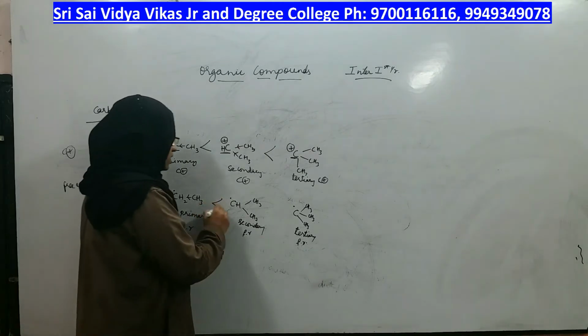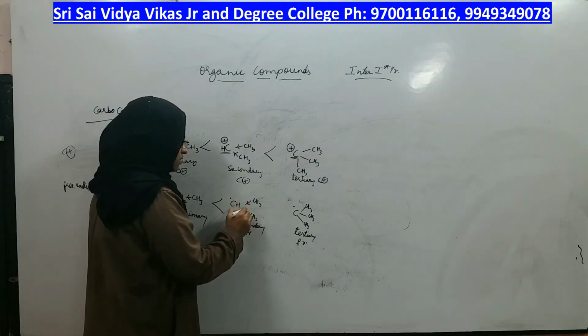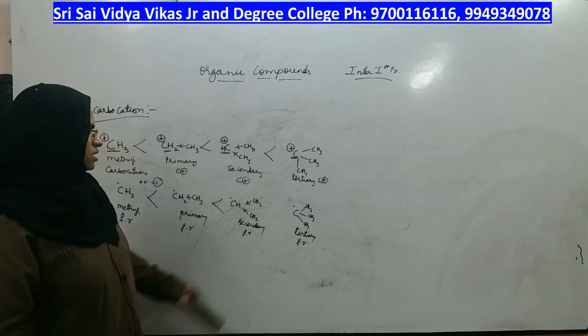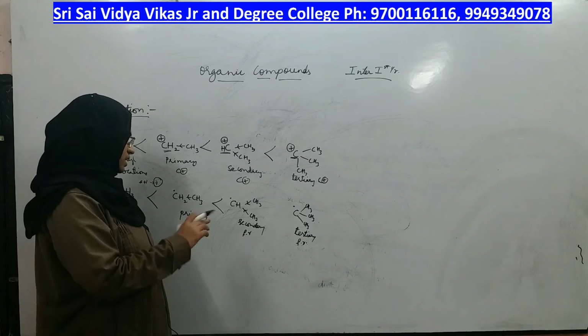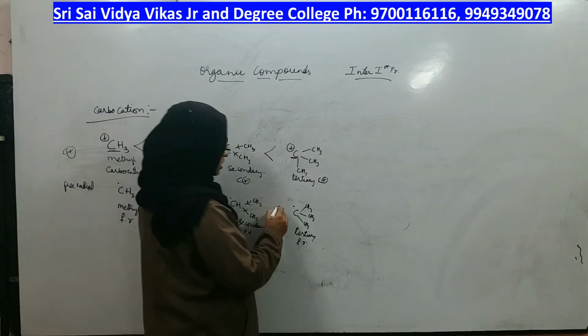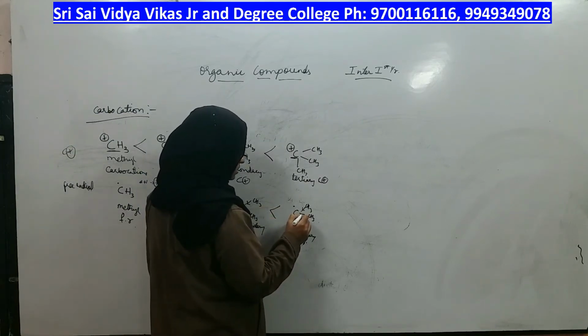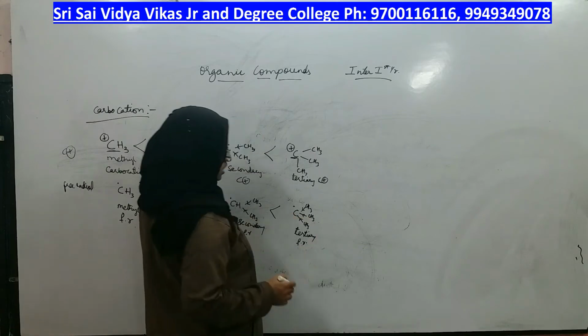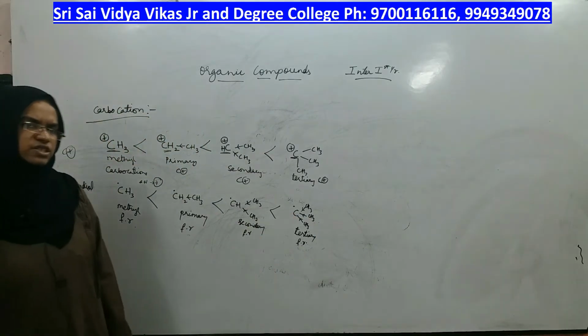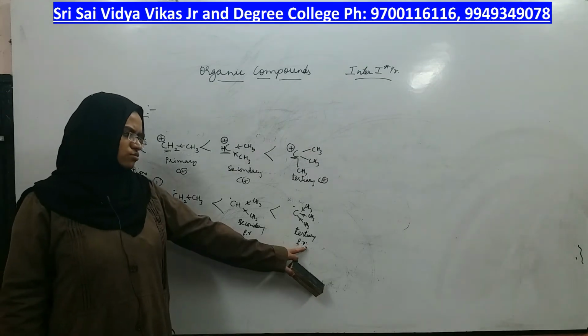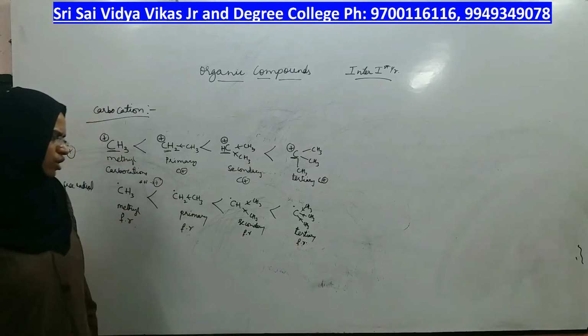Here there are 2 carbons, a little bit more stable than the primary, therefore it has more stability than the primary. Coming to the tertiary free radical, there are 3 carbons which can help the free radical to remove its electron deficiency, therefore it is most stable compared to all the free radicals.